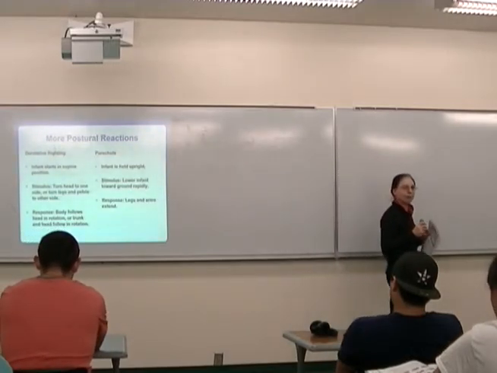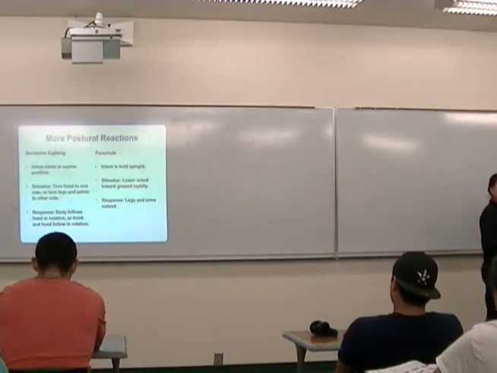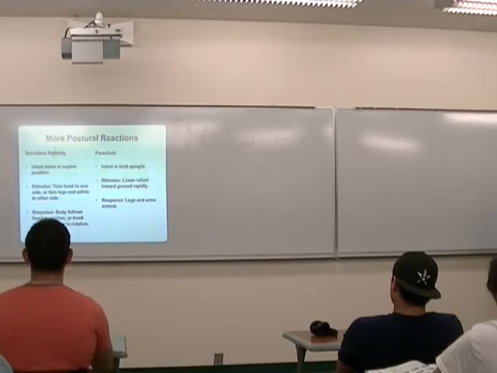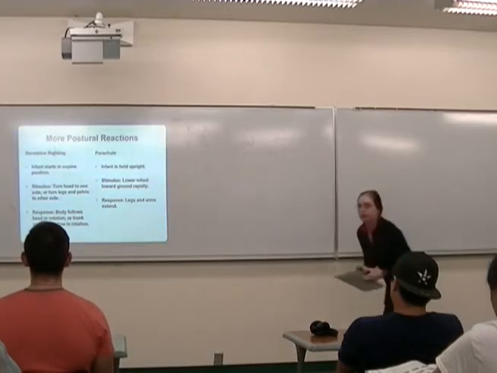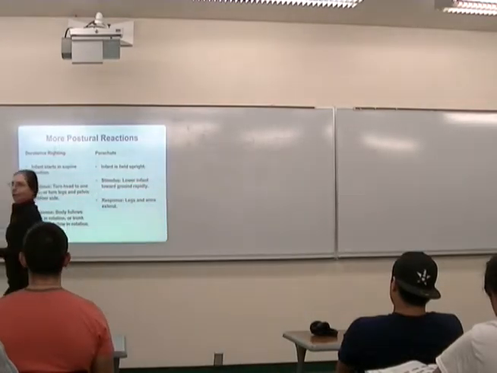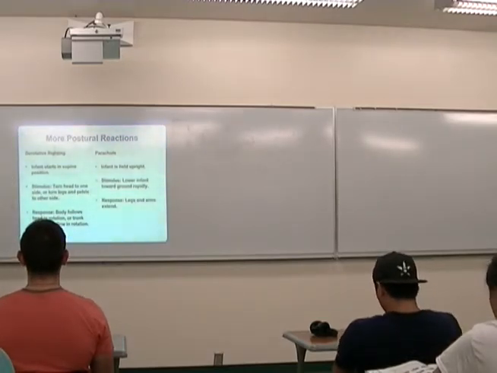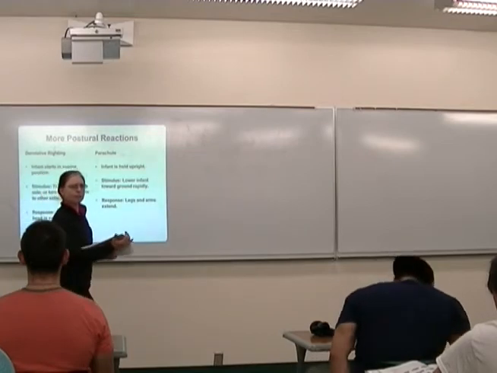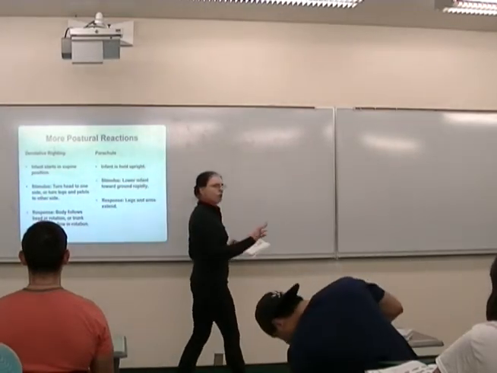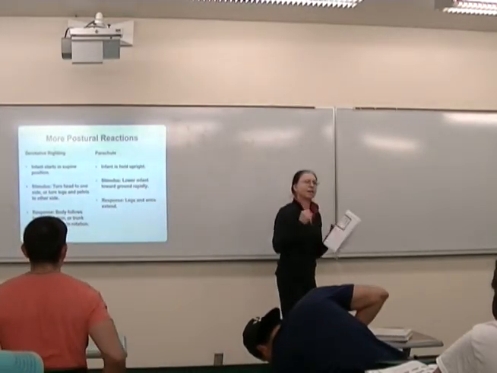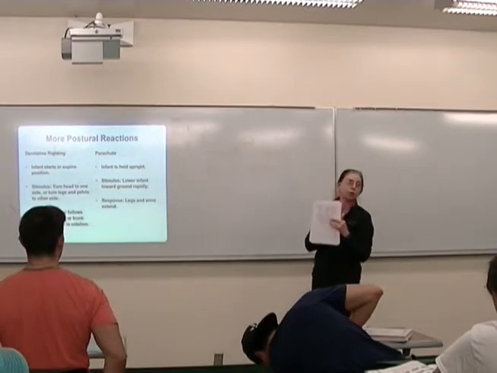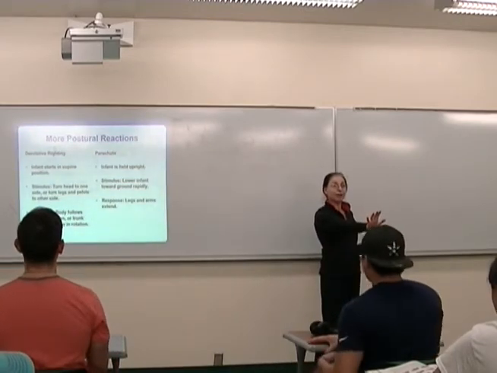Parachute is another one we hang on to as an adult. So if I trip, what do we tend to do? Just put your hand out. Right? Anybody do martial arts or have any gymnastic stuff? When you did your martial arts, did they spend time making you practice falling and rolling without putting your hand down? Right?